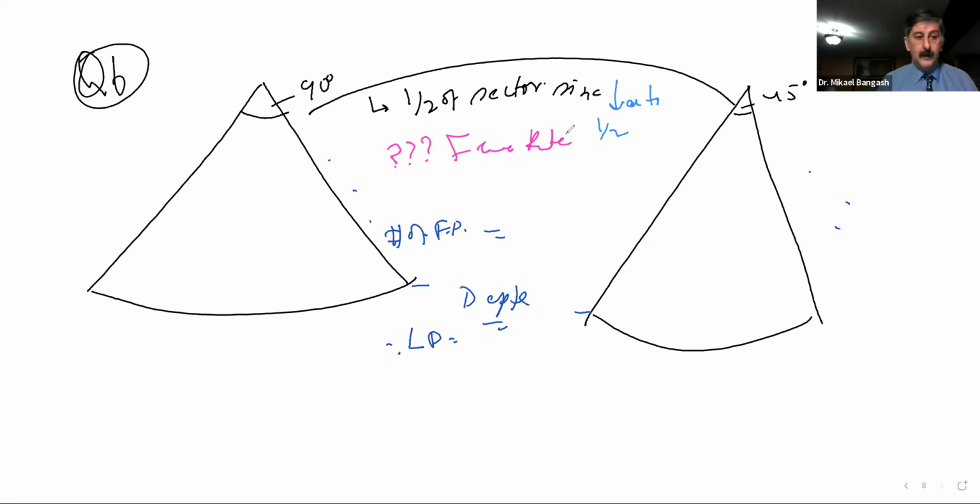Clear? Now by decreasing your sector size, that is going to lead to an increase in the frame rate.